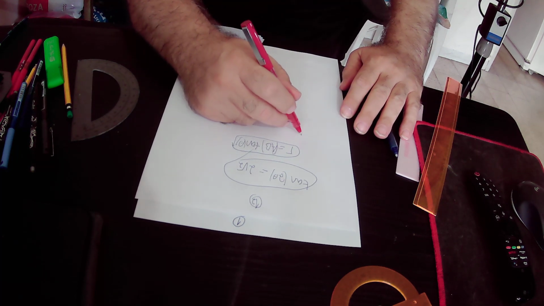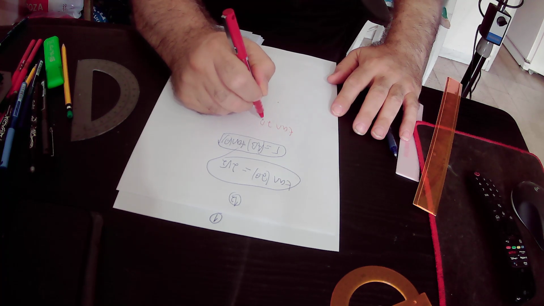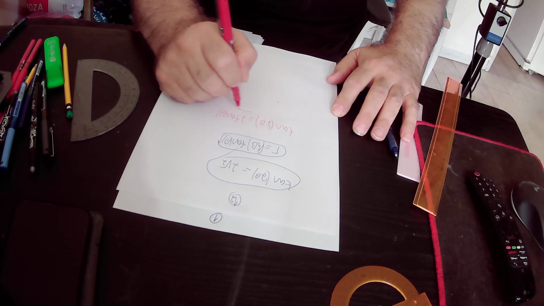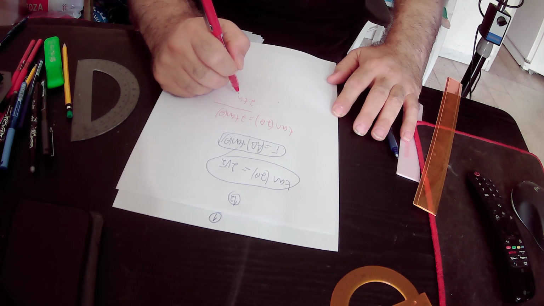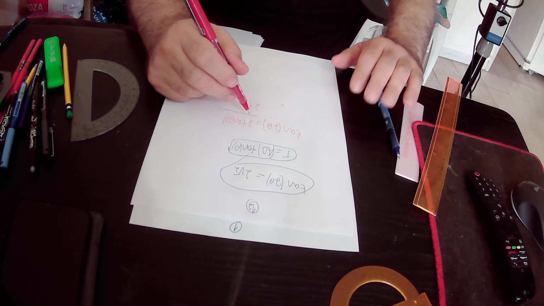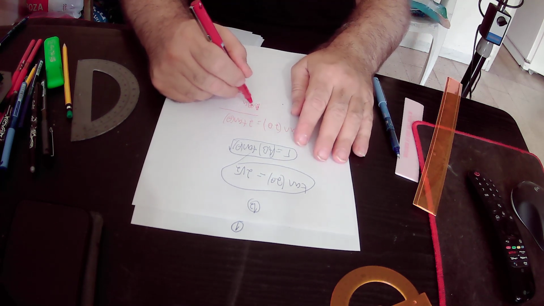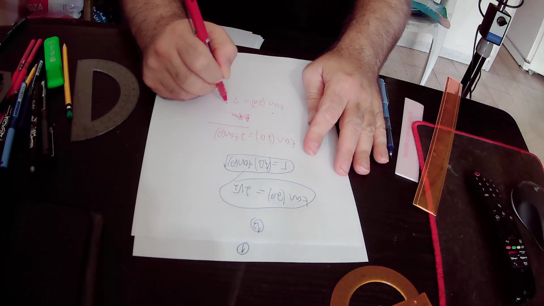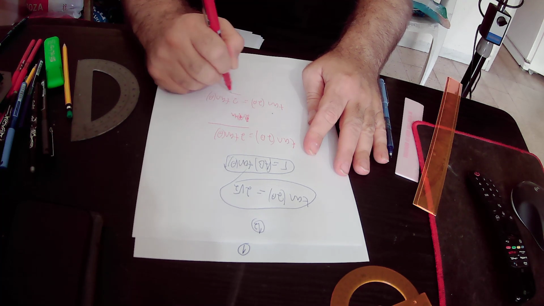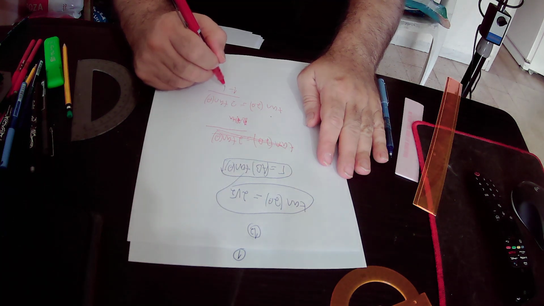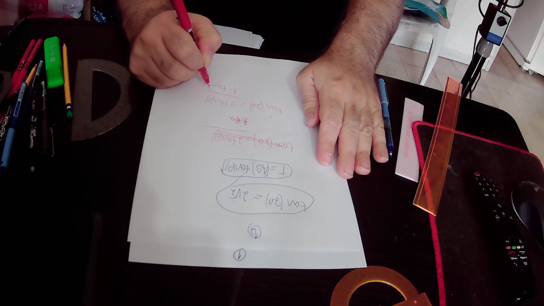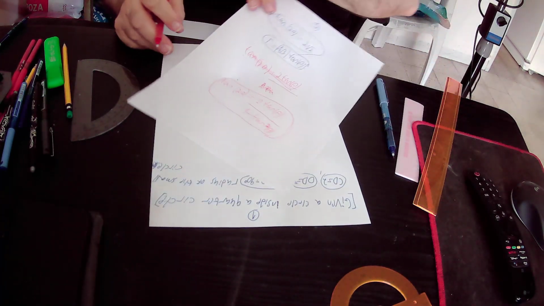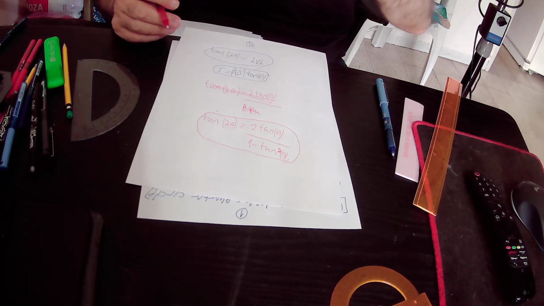The trigonometric identity states that tangent 2 theta equals 2 tangent theta over 1 minus tangent squared theta.